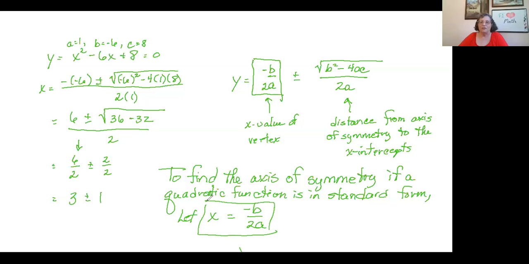This is the equation of the axis of symmetry. Notice you have to have the x equals in here. It is also the x value of the vertex. Now the vertex is the absolute most important point on any parabola.